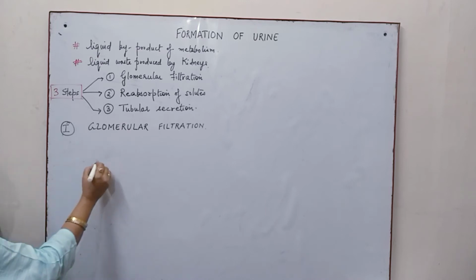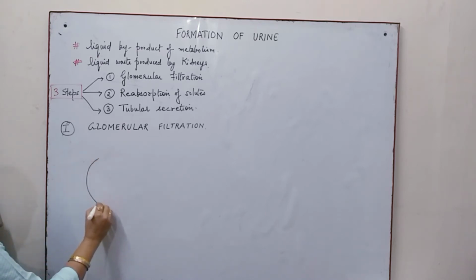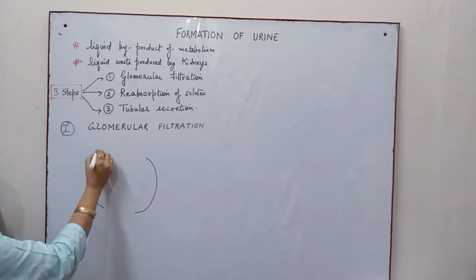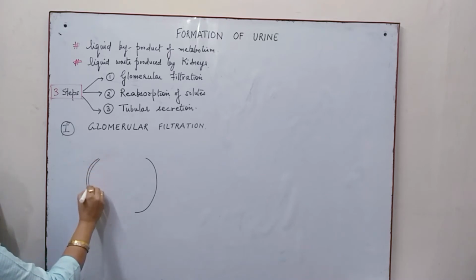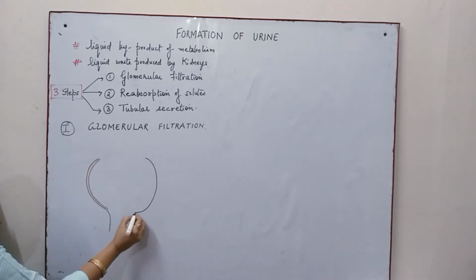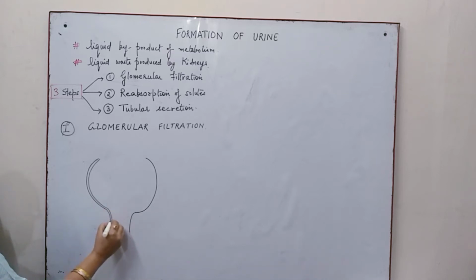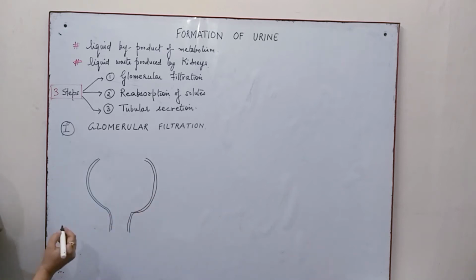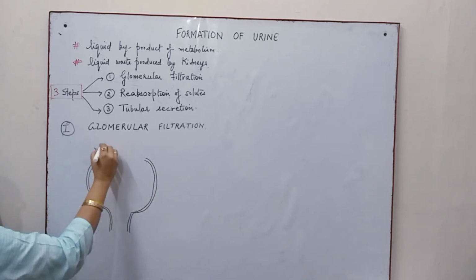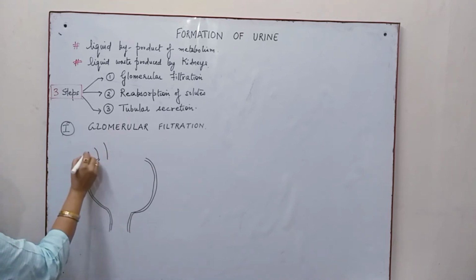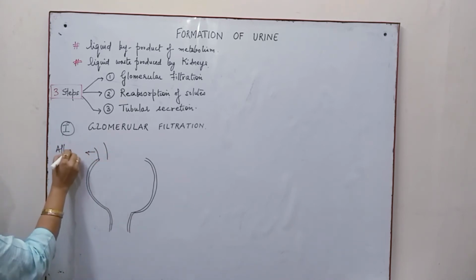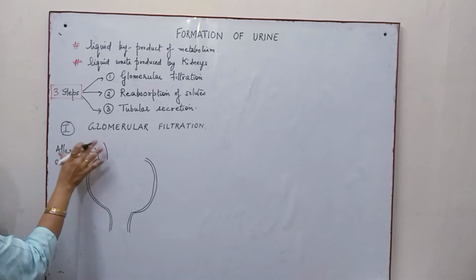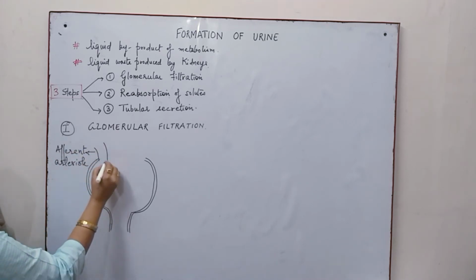Now, you all know that the Bowman's capsule is a structure which encloses the glomerulus, and this leads to the proximal convoluted tubule, that is PCT we were talking of earlier. This is the lining of the glomerulus, and here is the afferent arteriole. This afferent arteriole is bringing the blood.